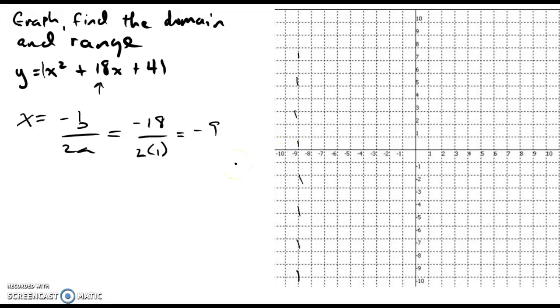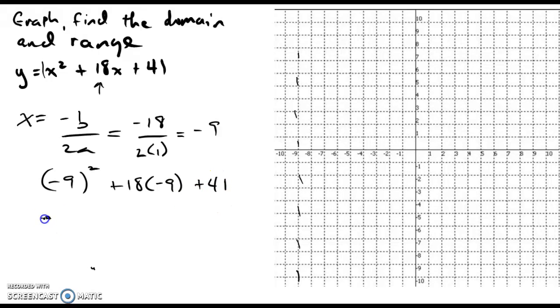So now we have to find the vertex. All we have to do is find the y of the point. We're going to have a minimum with this because our leading coefficient's a positive, and our parabola is going to look something like this. So we're going to have a minimum, which is down here at the vertex. So I'm going to put the negative 9 into the original equation, squared plus 18, negative 9, plus 41.